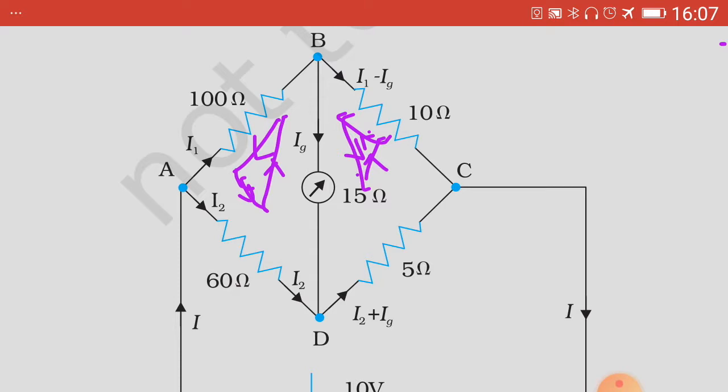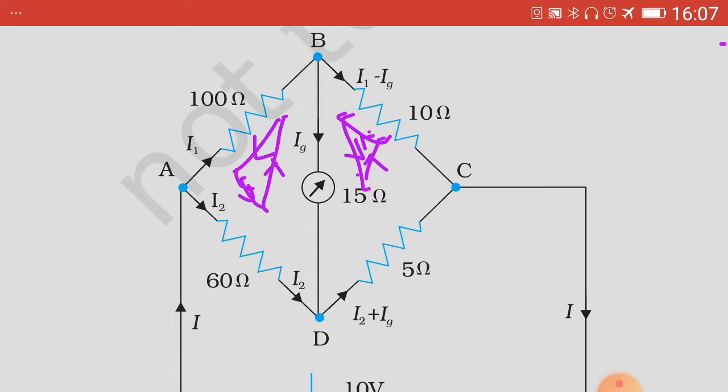Now again second loop we take, that is CBDC, again in anti-clockwise direction. So while traveling from C to B, so 10 ohms into I1 minus Ig, 10 into I1 minus Ig. Why? Because here it is plus sign because opposite direction, purple arrow and black arrow both in opposite direction, so plus sign.